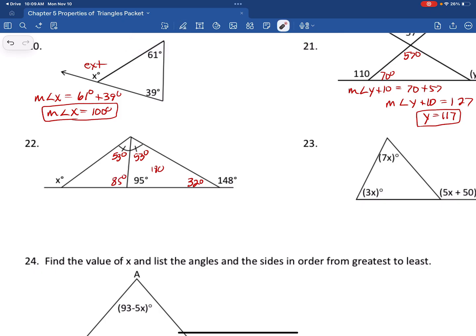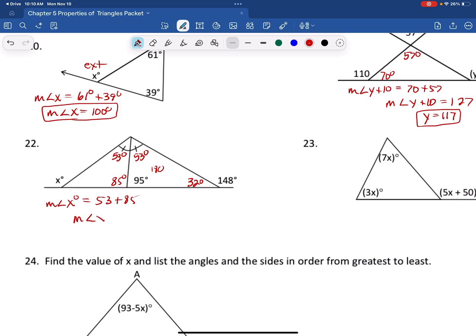Okay, and now these two are the remote interior angles from x. So then I can say that the measure of angle x is equal to 53 plus 85. So the measure of angle x is equal to 85 plus 53, which is 138 degrees.